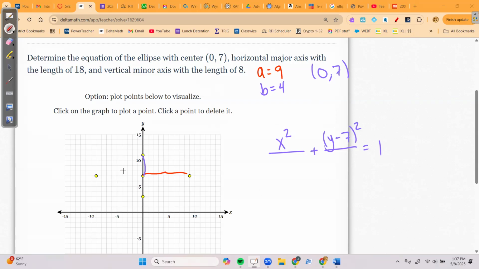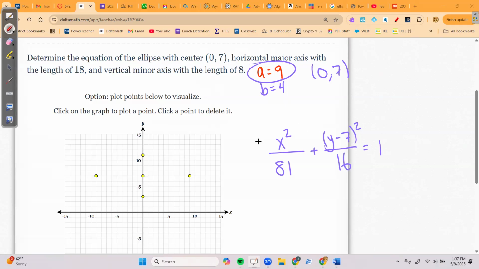And since it's a horizontal ellipse, one of the long sideways ones, the a value goes underneath the x. So a squared is 81, so that goes under here, and b squared is 16, and that goes under here.